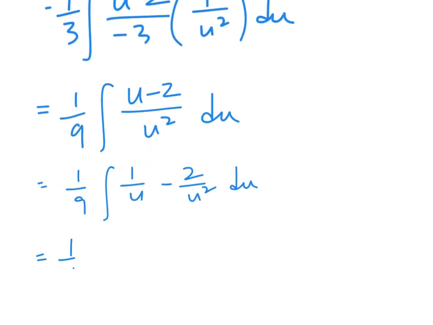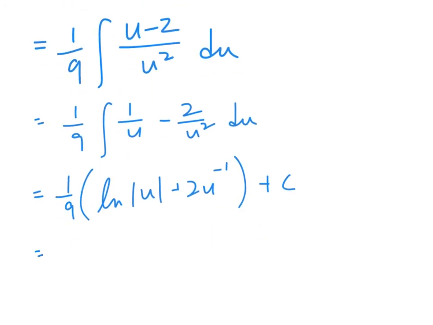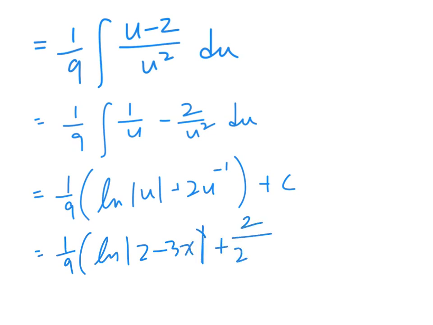Okay, 1/9 in the front. Natural log u minus 2 plus u to the negative 1 plus c. All right, now plug it back in. 1/9 natural log 2 minus 3x plus 2 over 2 minus 3x plus c. That is in parentheses.